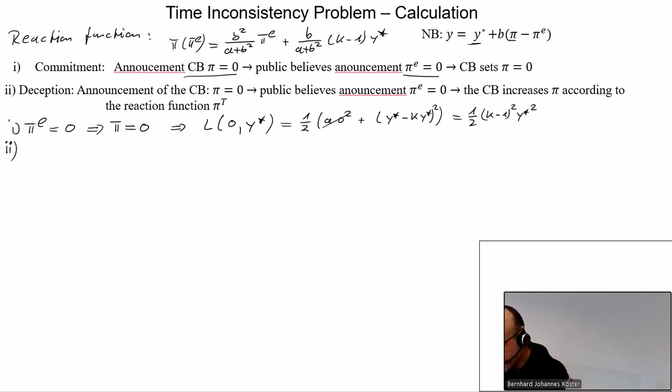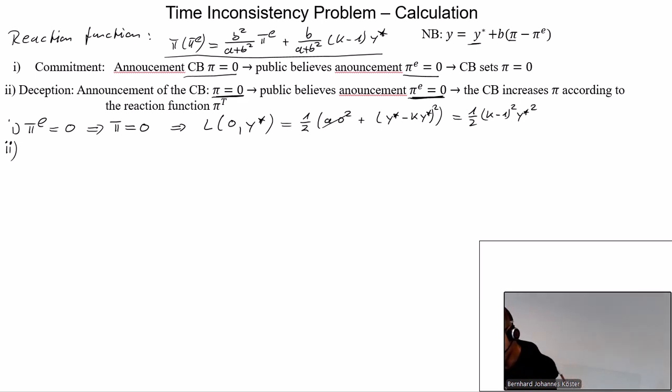What happens in the second case? Well, I'm announcing this pi is 0. The public believes that PE is again 0, setting its expectations to 0, but we have this reaction function. So we have an incentive for the central bank to deviate.